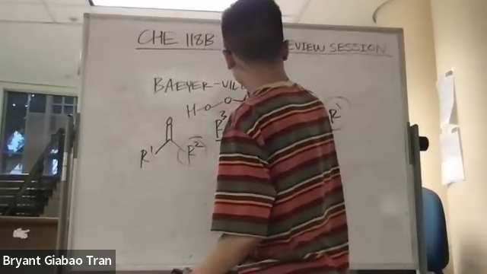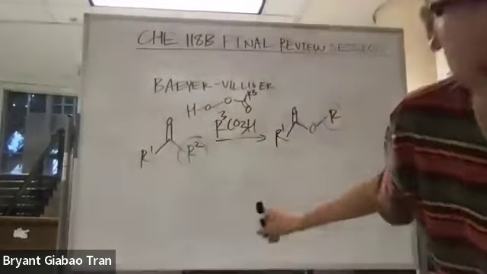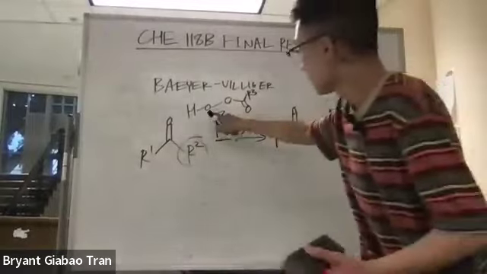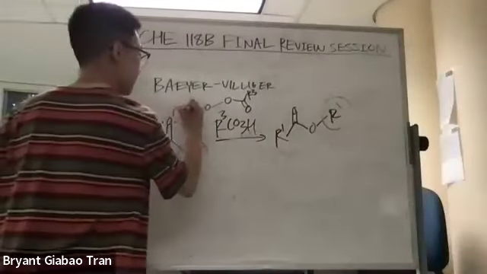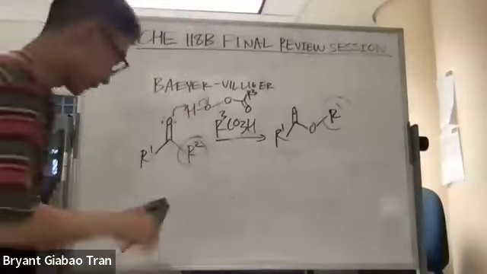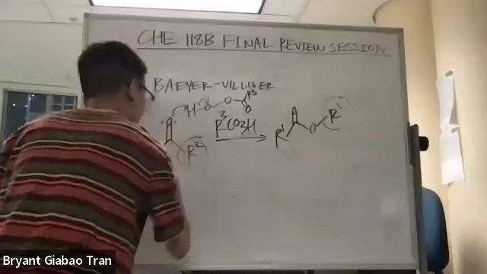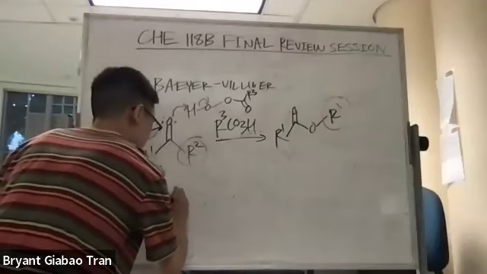Let's say this is R3. This is a peroxy acid, which is a strong acid. The strong acid here is going to protonate this carbonyl oxygen and kick out that conjugate base right there. Once we do that, we're going to activate this carbonyl here.